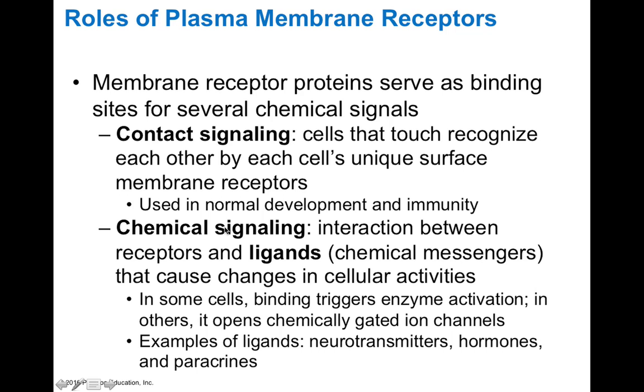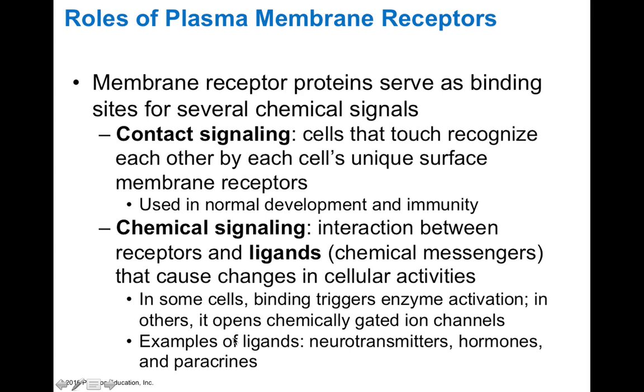And chemical signaling can also be something that can stimulate these plasma membrane receptors, because chemical signaling molecules called ligands can bind to the receptor and then cause changes in activities within the cell, either by triggering enzyme activation within the cell or causing different types of channels to open up that gate ions, and you can change how ions flow across the plasma membrane, which would change the voltage.